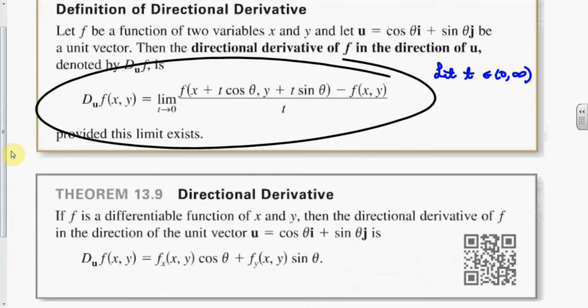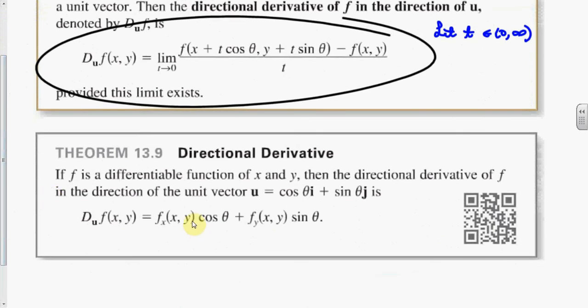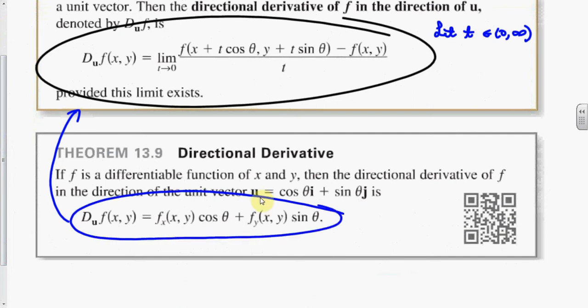So the formula that we use is obviously a direct implication of the definition. Okay. Now, as we go along, I'll show you how we control it so that you understand it.